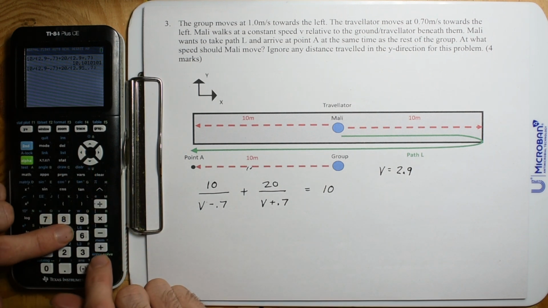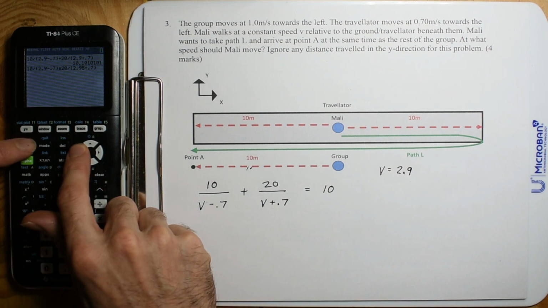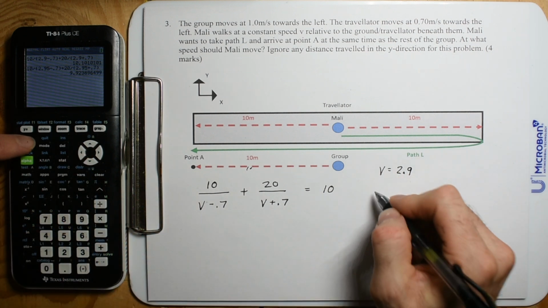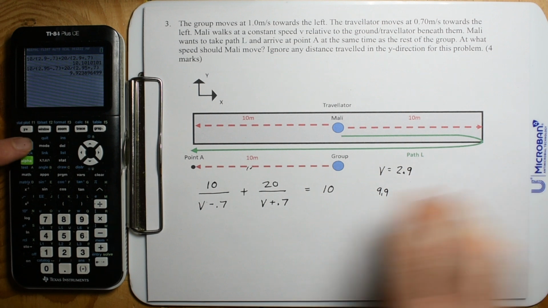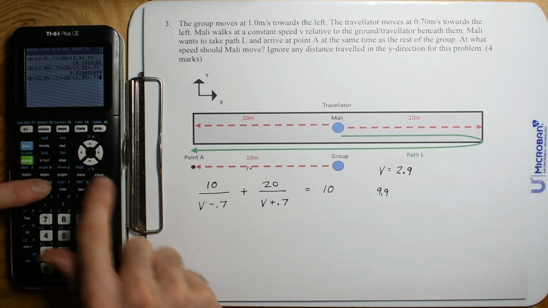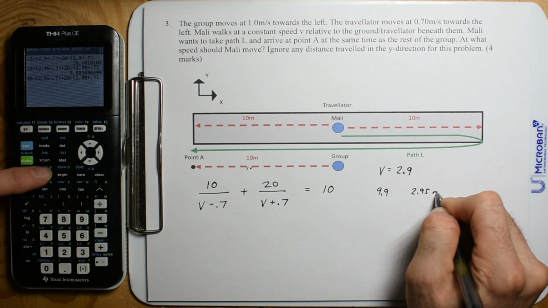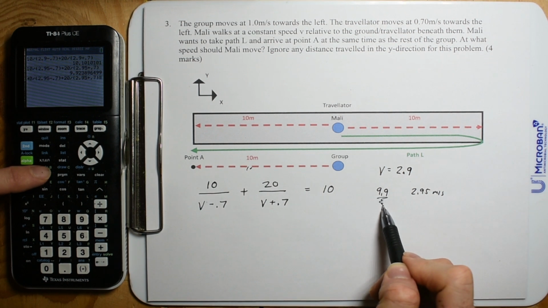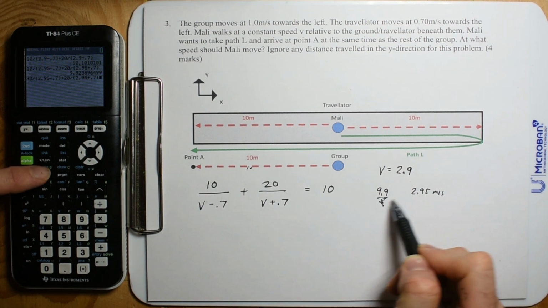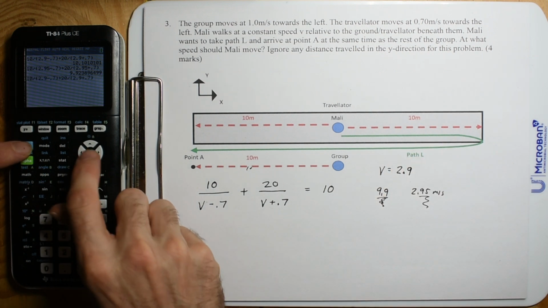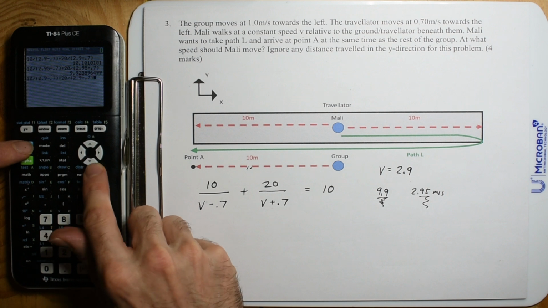So now I'm going to go up to 2.95. And then our time got reduced to 9.9. So if Malachi's speed is 2.95 meters per second, Malachi will get there too soon.